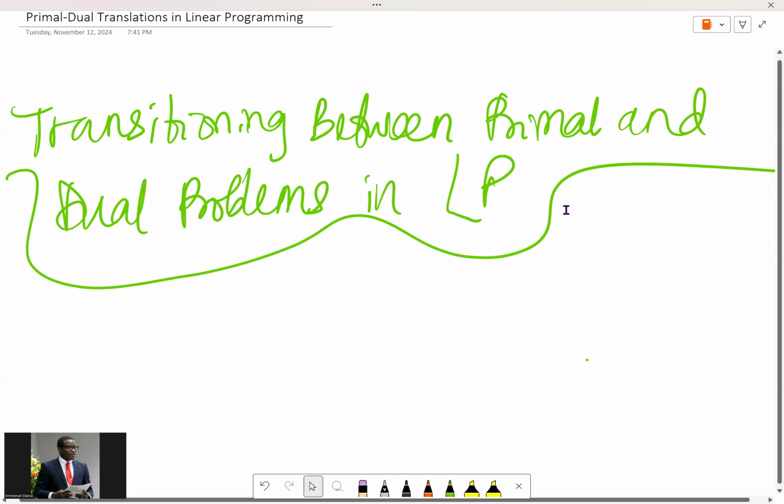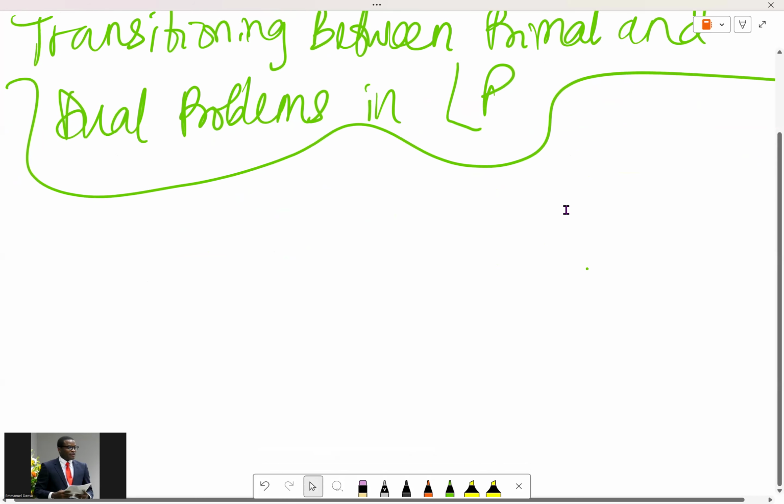I already gave a hint on how this should be done in the previous video, where you translate a primal maximization problem into a dual minimization problem.